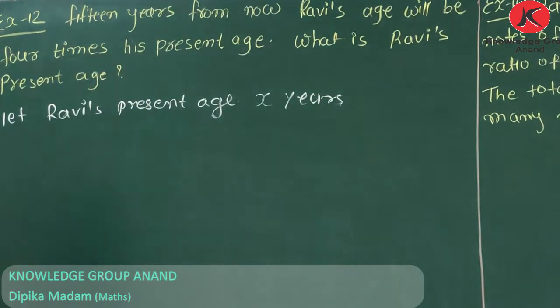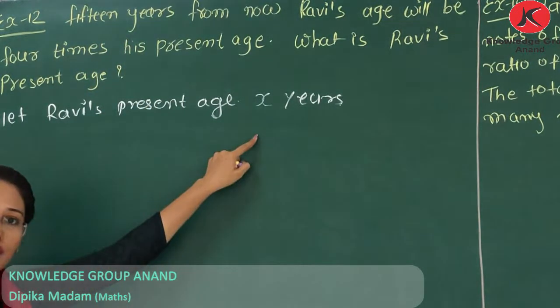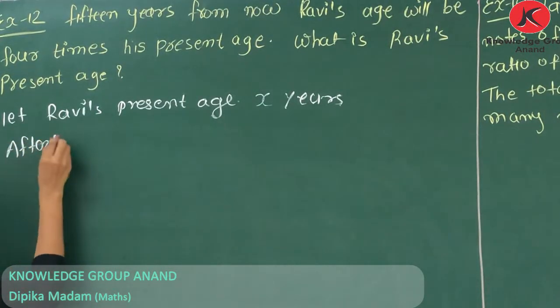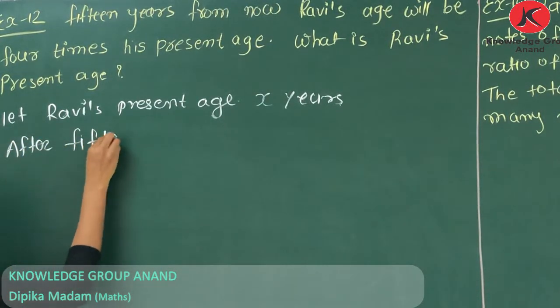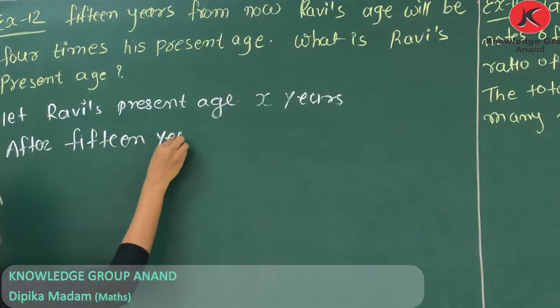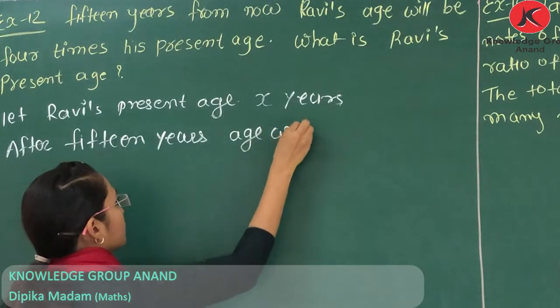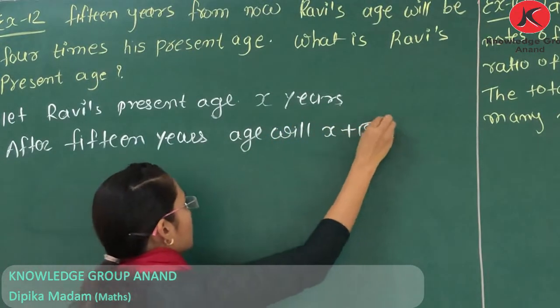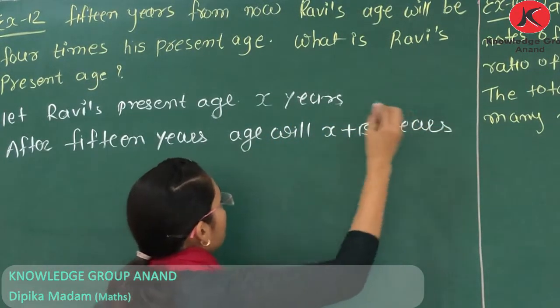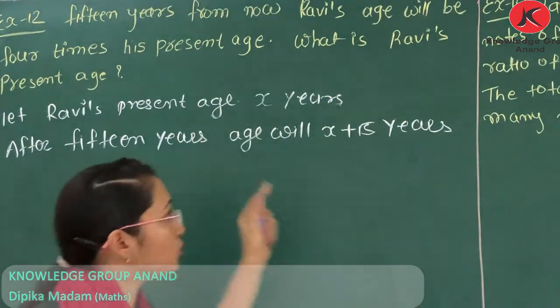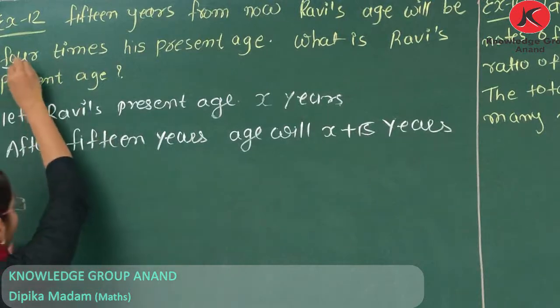Now after 15 years, what will be Ravi's age? x plus 15 years. But this age after 15 years is equal to 4 times his present age.